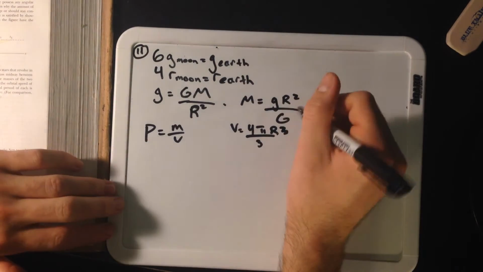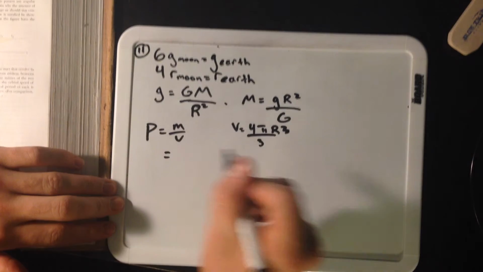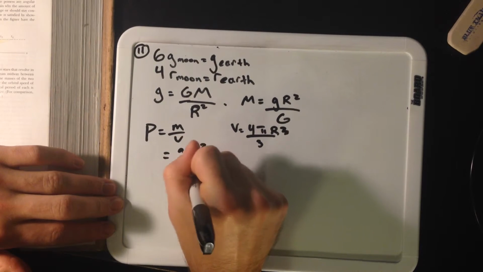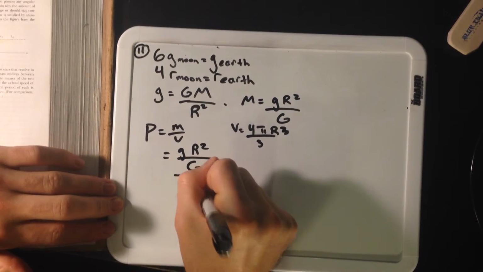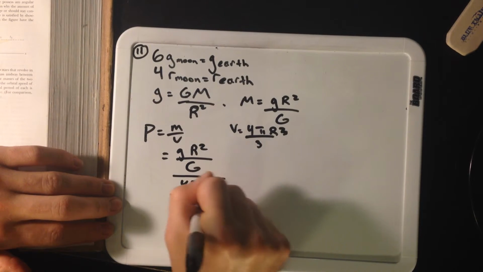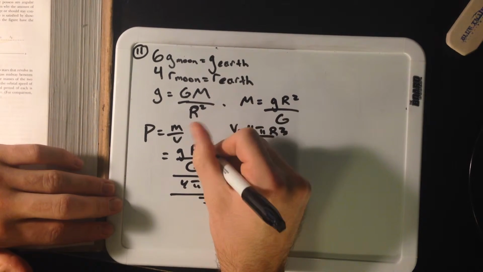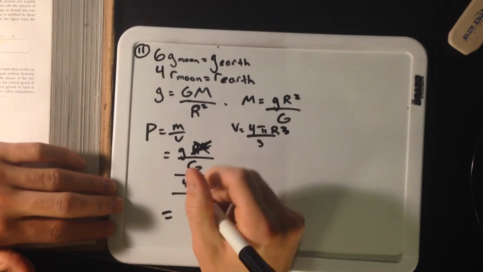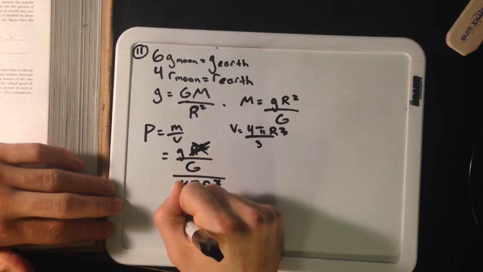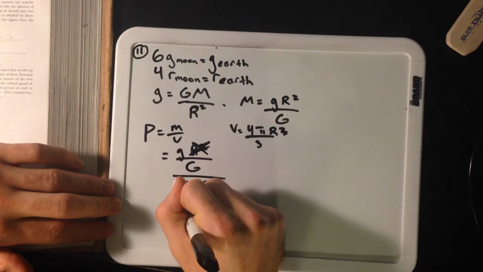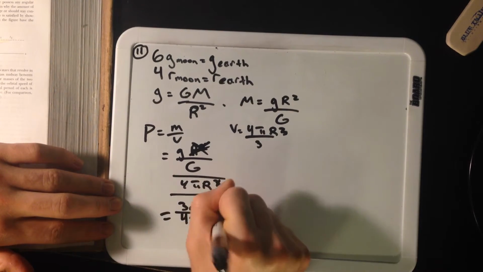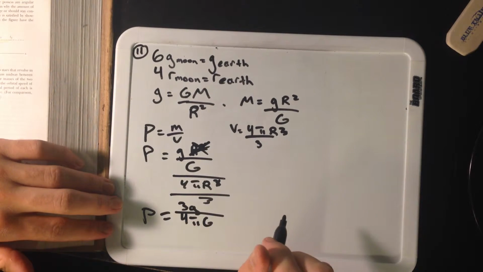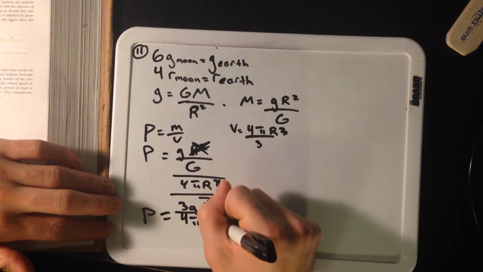These are pretty basic and aren't specific, so we get g R squared over big G, over 4 pi r cubed over 3. So this r cubed is going to cancel with the r squared, and then moving around variables we get 3g over 4 pi big G on the bottom, and this is equal to rho, and our radius is also on the bottom.